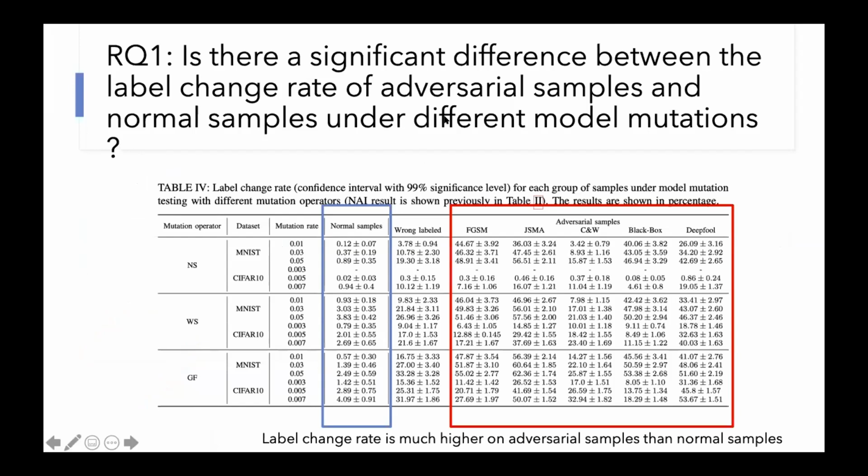So we look at the normal samples column and the adversarial samples column. They use different types of adversarial attacks and compute the label change rate. So we can say the label change rate is much higher on adversarial samples than normal ones.